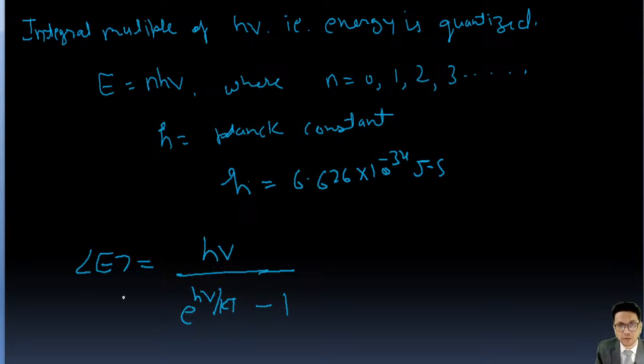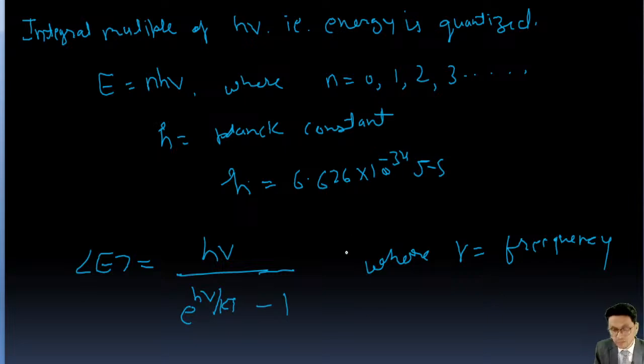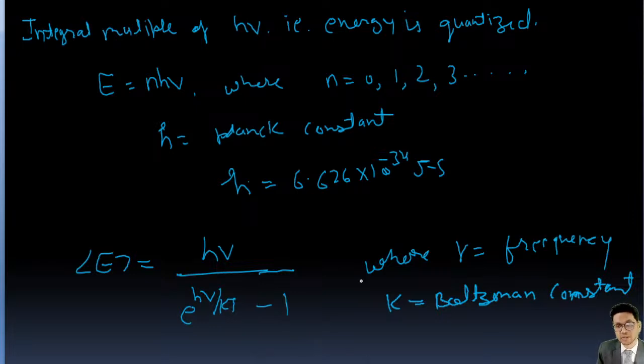Okay, and the average energy of quantum oscillator is h nu upon e to the power h nu upon kT minus 1, where nu is the frequency, k is Boltzmann constant, T is temperature and h is Planck constant.